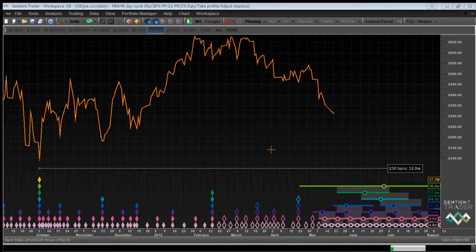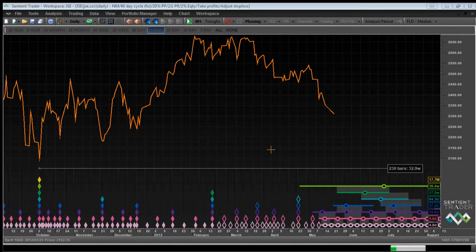But I'm not showing it to you to discuss the actual trading of this market, but to show you how, when you're approaching times of critical decisions, and I see a question from Bruce, and I'll get to that in a moment, when you're approaching a time of critical decisions, such as the formation of a very major trough, in this case the 40-week cycle trough that is happening now, it's very important that you look at various different analyses and various different markets.